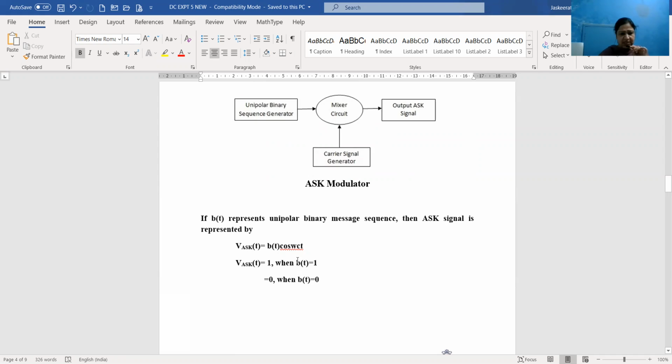So here we can see when b(t), that is the message signal, is 1, in that case V_ASK will be given by cos(omega_c t). That means it is represented by a carrier wave. Whereas when b(t) is equal to 0, the modulated signal is represented by no signal.